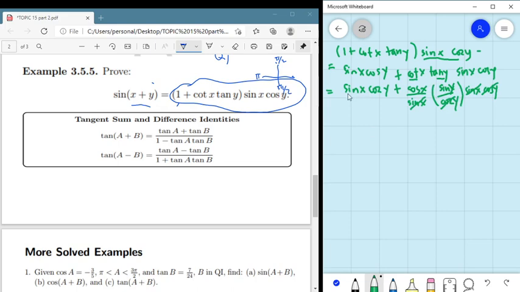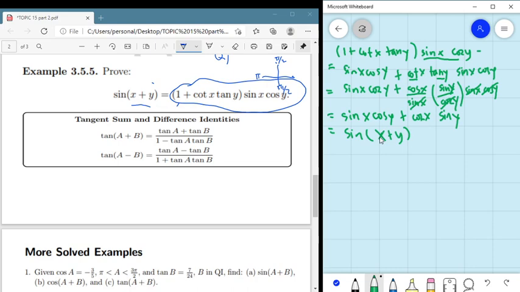So ang nahibilin karon is sine x cosine y plus cosine x sine y. So ano mo dyan? Sin, cos, cosine. Diyan kay plus man. So meaning it should be sine x plus y. Okay? So that's all for 3.5.5.